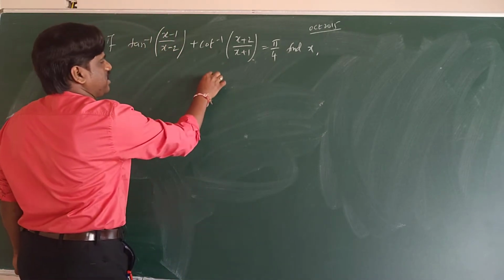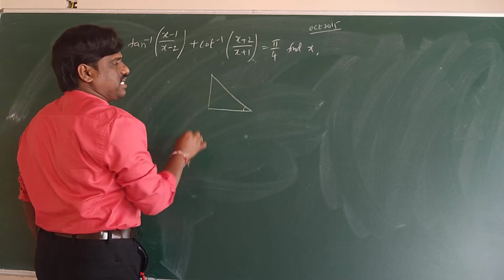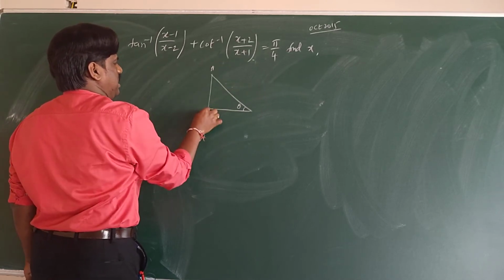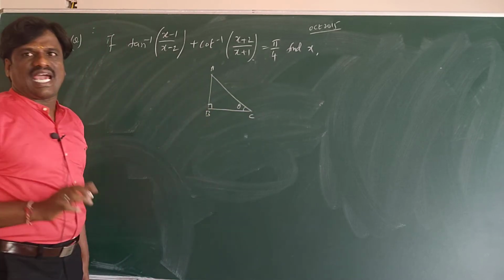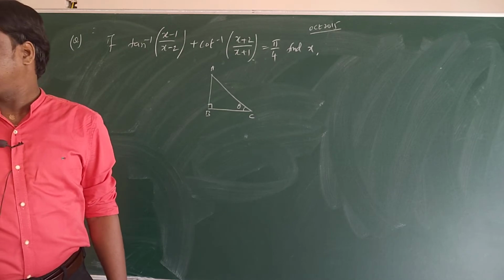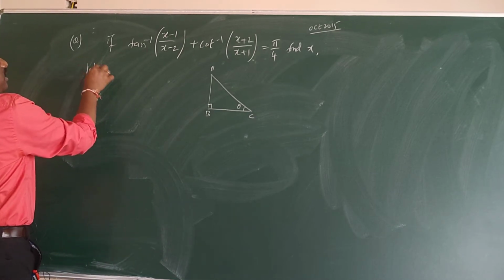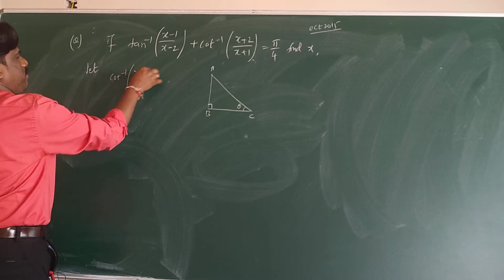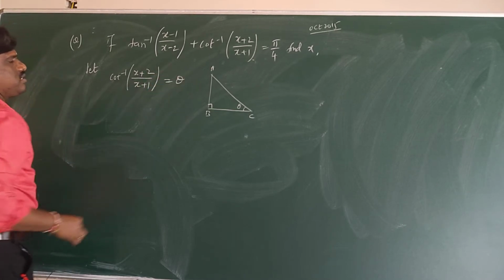I will take a right angle triangle. Let us take the right angle triangle ABC, and here it is theta. You know tan is opposite by adjacent and cot is adjacent by opposite. Let us take cot inverse of x plus 2 upon x plus 1 is equal to theta.